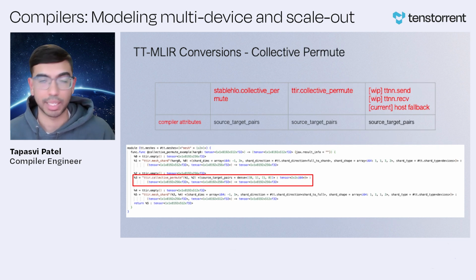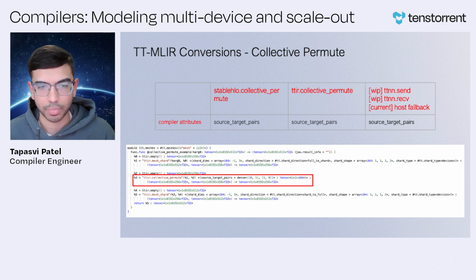And then finally, collective permute is the other StableHLO operation that we support. In this situation, what collective permute does is it takes a shard that lives on one device and sends it to another device, so a point-to-point communication, and that's represented by these source target pairs. So over here, you can see that we have 2 devices.